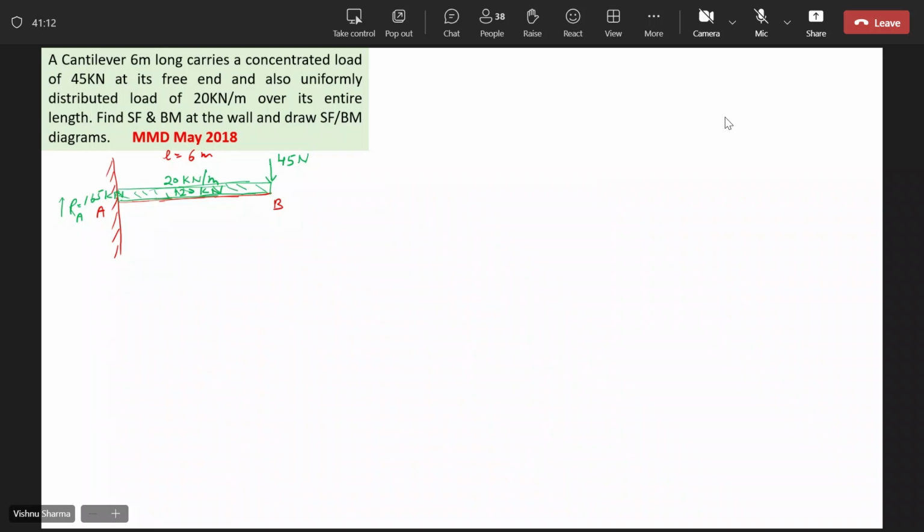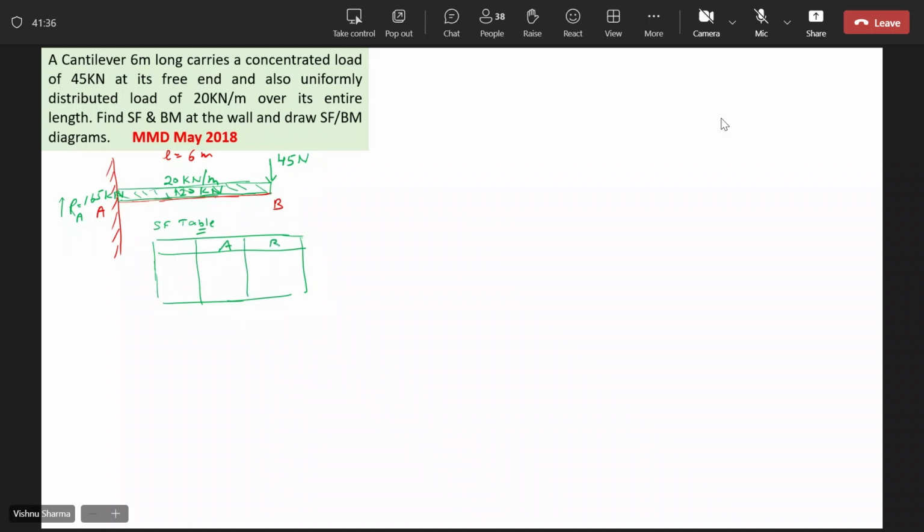Guys, if you treat it as a beam, how many points minimum are you required to get the SF diagram? How many minimum points? 2, sir. So I'll make the SF table for A and B only. In this, A is the fixed end and B is the free end.